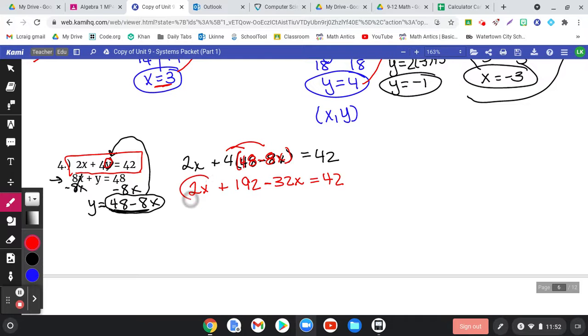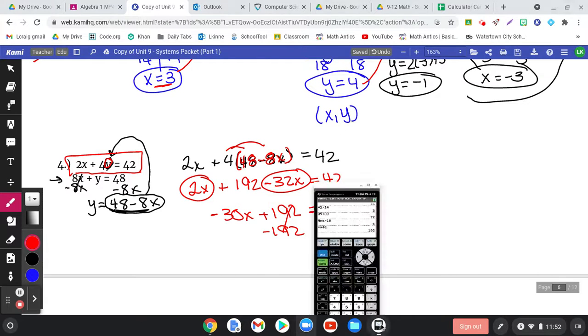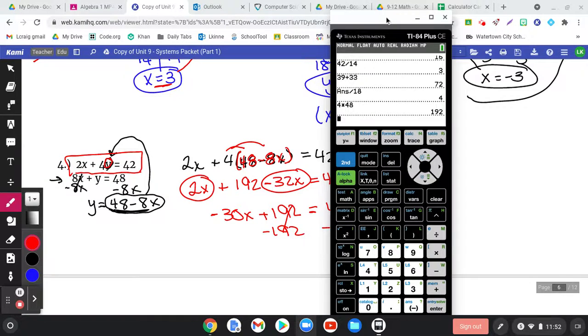All right, let's combine these. 2 minus 32 will be -30x plus 192 equals 42. We'll subtract 192 from both sides. And you may notice that's -150, but if not, you've got your calculator right here.